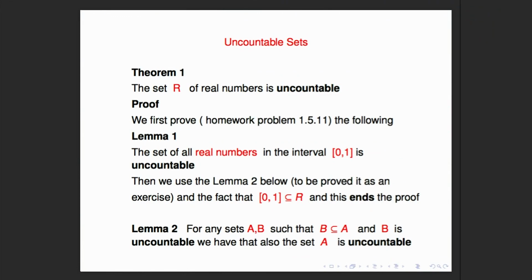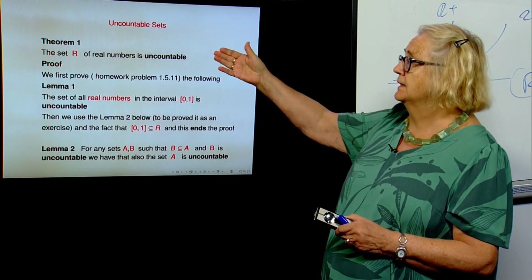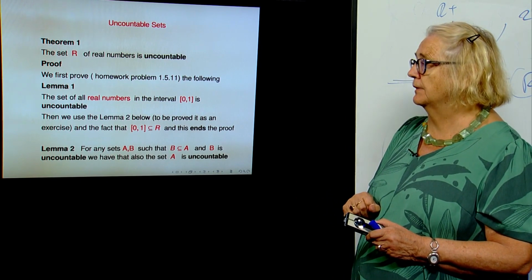Now, the next thing is that the set of real numbers is uncountable. And we are going to prove it a little bit. That was your first homework in the book, but we are going to prove it in a few minutes. I want to prove that the set of real numbers is uncountable.